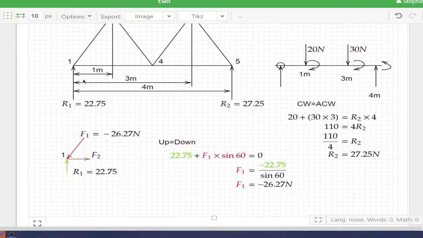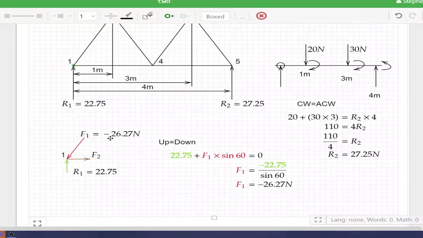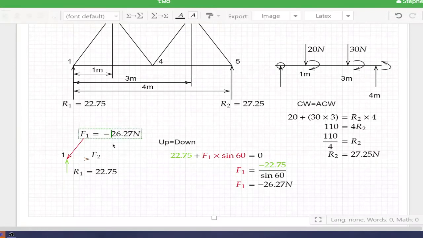Like we did before, we know it's in compression, so we can fill in our table. We don't need to take arrows back anywhere. We can just say that's in compression because it's minus. There's no such thing as a minus force, but we do have forces in the opposite direction.